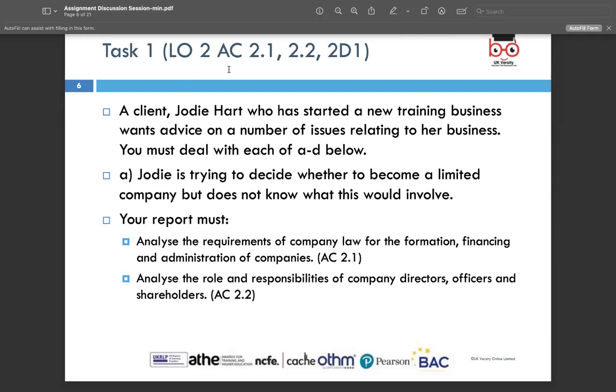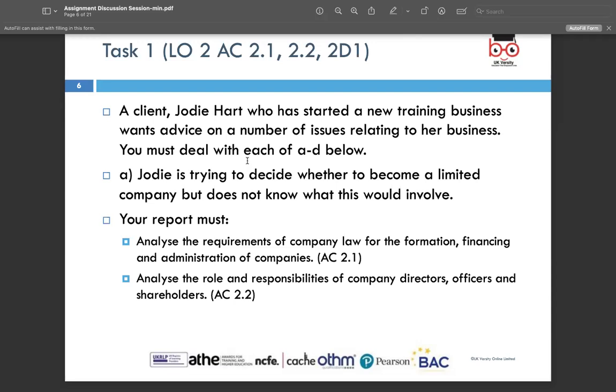Visit learning outcome 1 for this, 2.1. Then registration. Jody needs to understand the process of registering a company with Companies House, including the submission of necessary documents like, if you remember, we discussed in learning outcome 1 or 2, I think, the memorandum and articles of association.